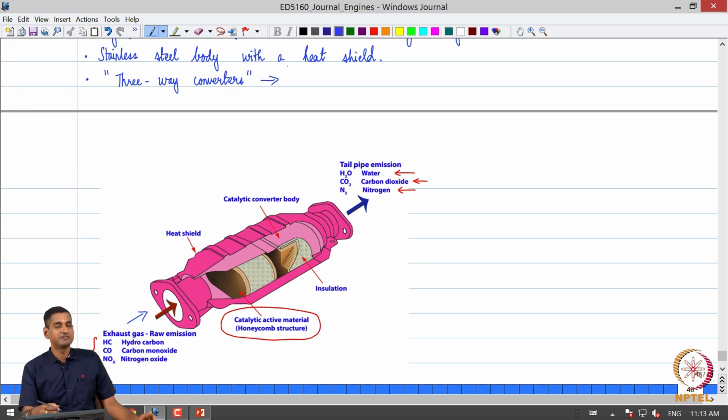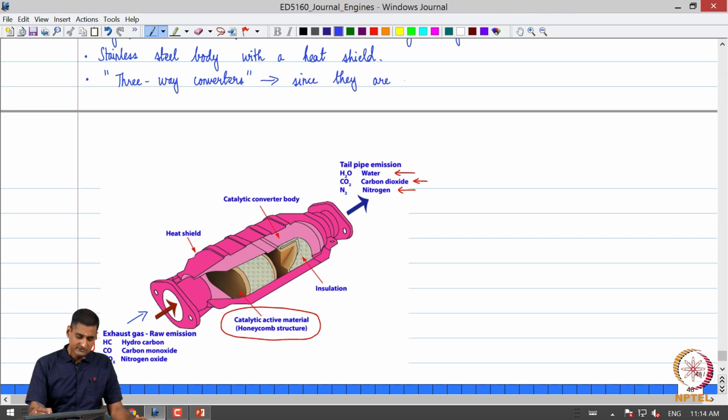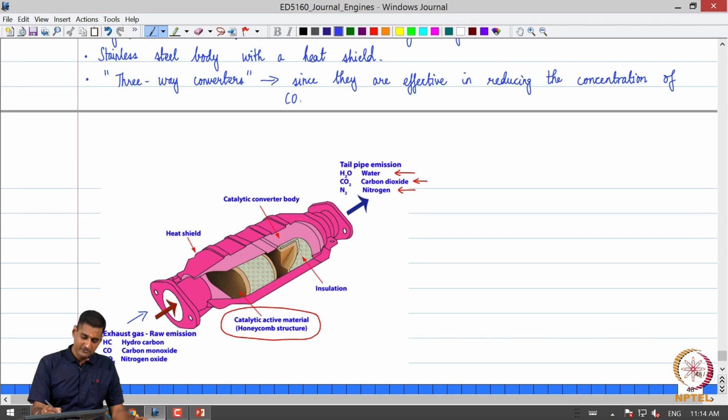Typically people refer to them as a three-way catalytic converter because they are effective in reducing the concentration of three gases: CO, carbon monoxide, unburned hydrocarbons, and NOx in the engine exhaust.